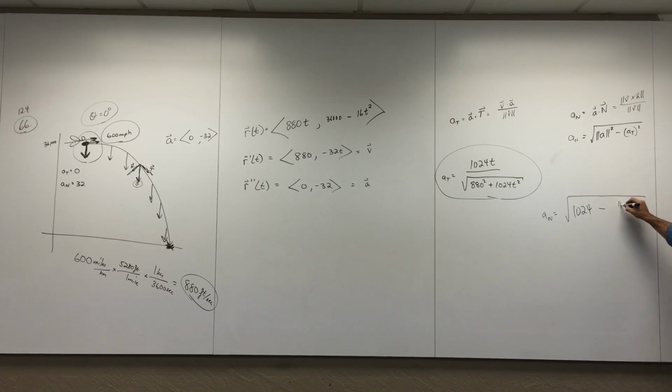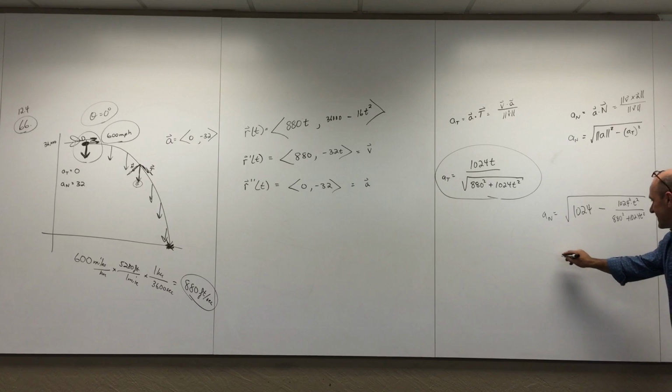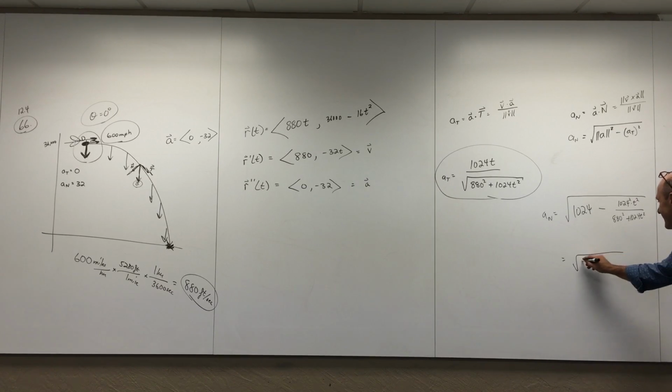That means the numerator is squared and the denominator is squared. That means I could get a common denominator and get this together. That's my common denominator.